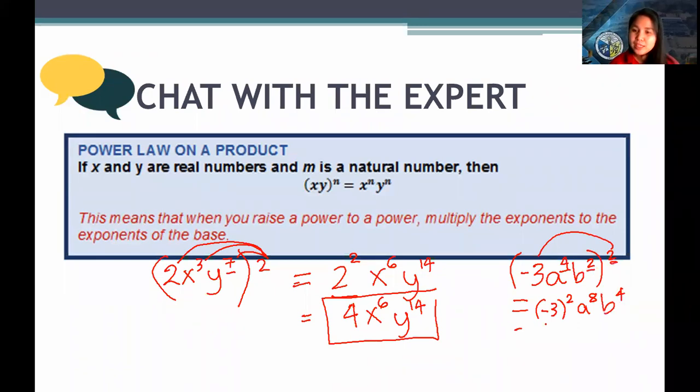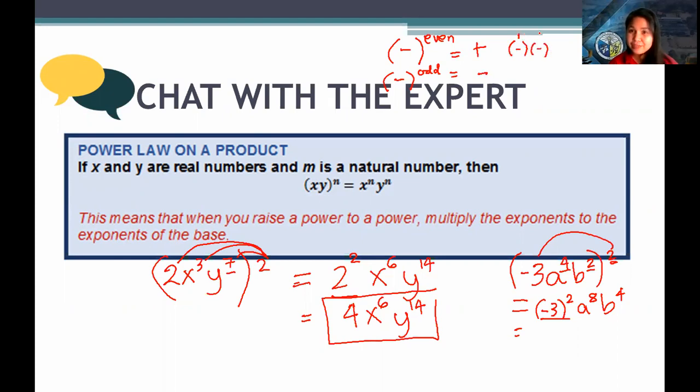Now, we need to simplify our numerical coefficient. And remember, when a negative number is raised to an even exponent, the answer is positive. But if a negative number is raised to an odd exponent, the answer is negative. Why? Example, times the power of 2.